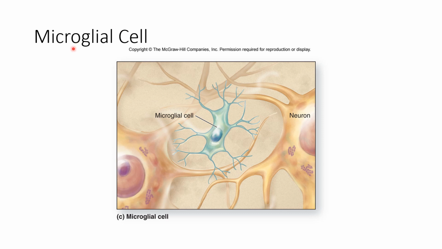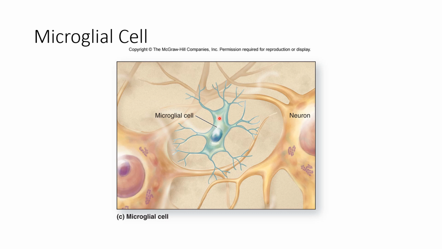Another cell we have is known as the microglial cell. Microglial cells are known to be phagocytes. What are phagocytes? Phagocytes are cells that eat up any foreign particle.